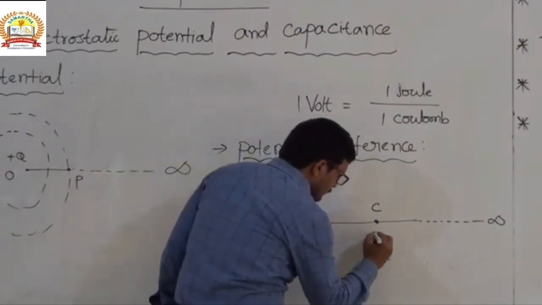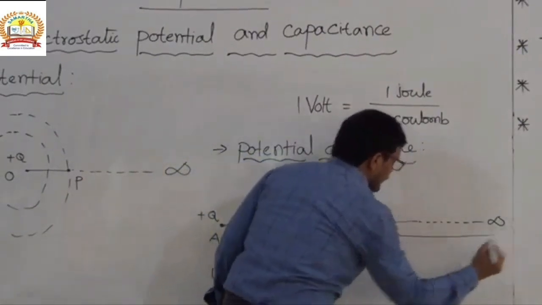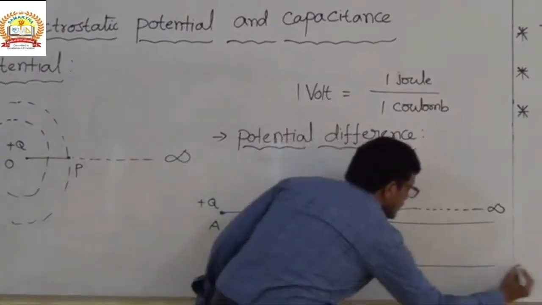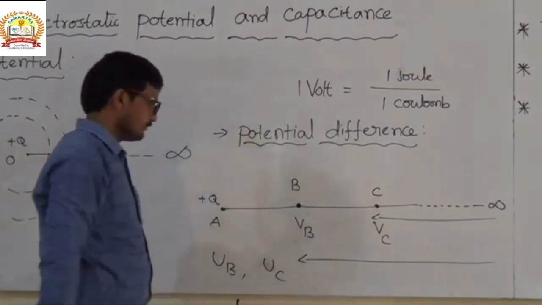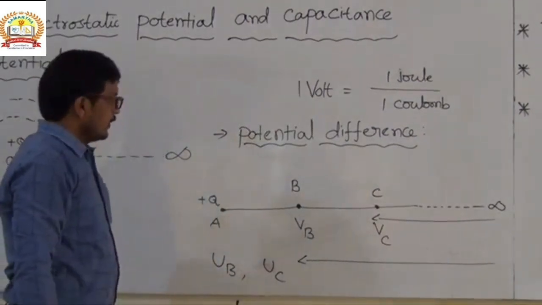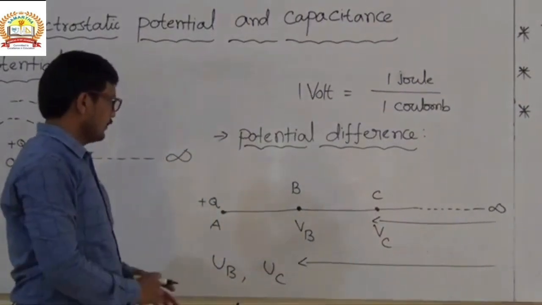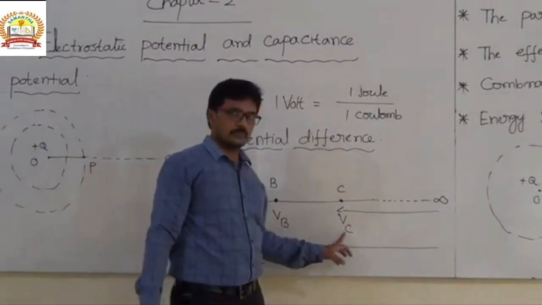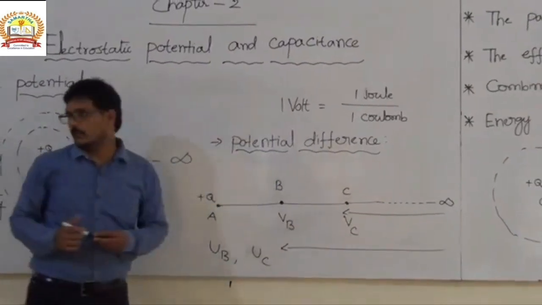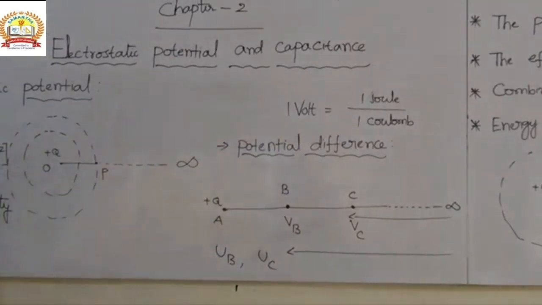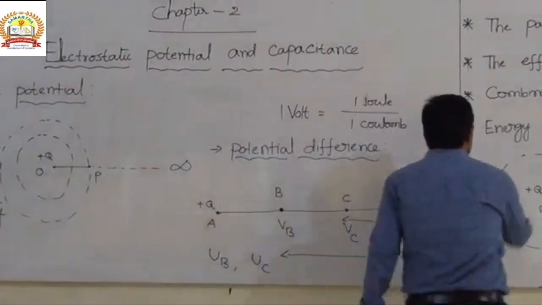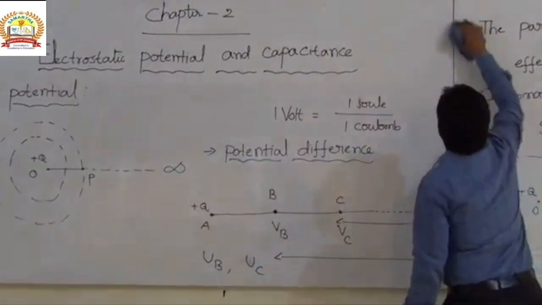And from infinity to point B, the potential is VB. From the definition, we know clearly that VB is greater than VC. The potential at point B is greater than the potential at point C.